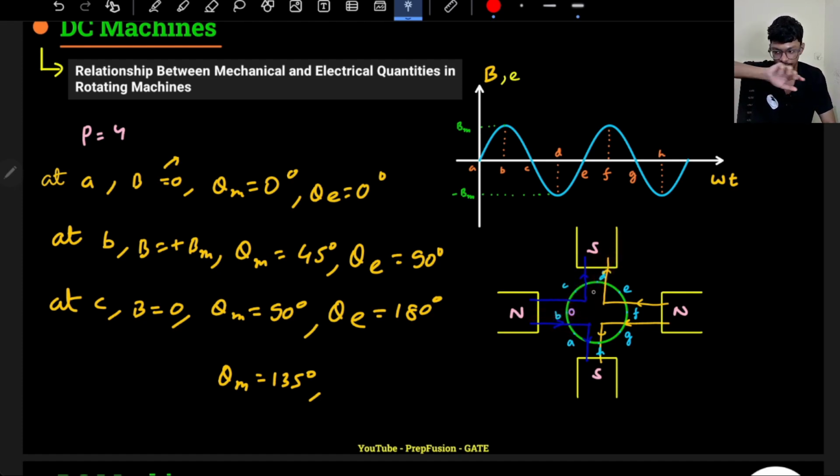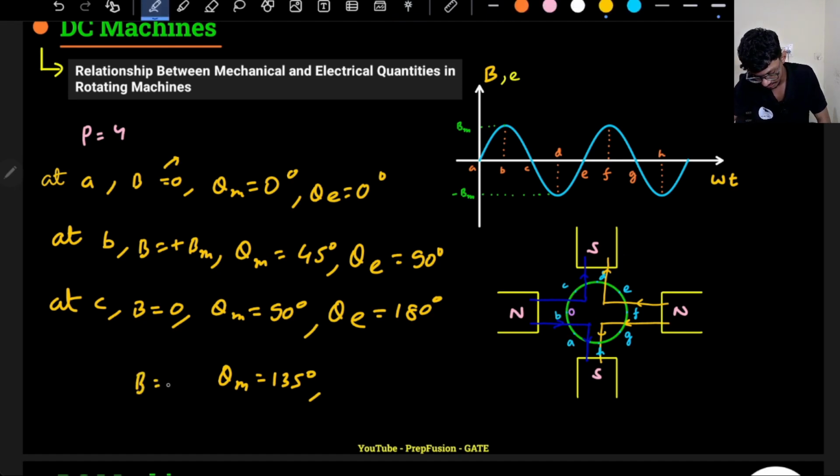What does it mean if it is going out of the conductor? It is negative. So here my flux density will be a peak because most of the flux lines are passing, but it will be negative, minus Bm.